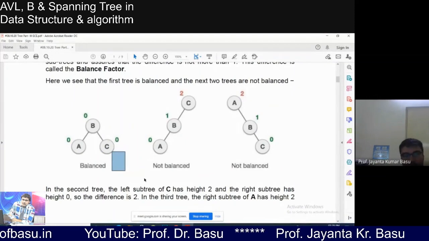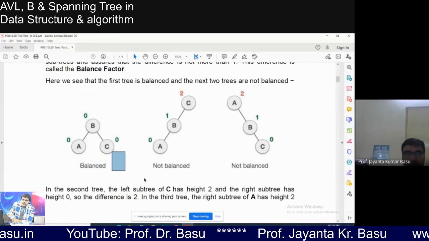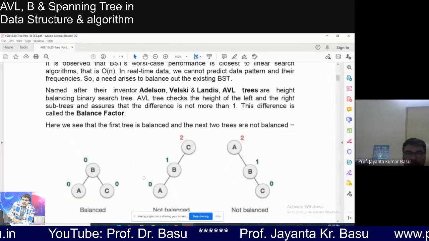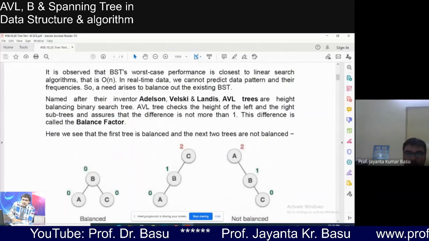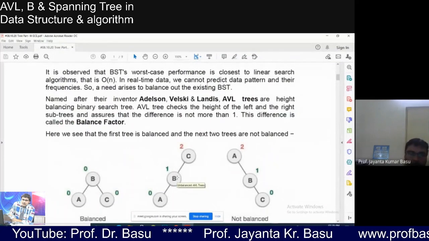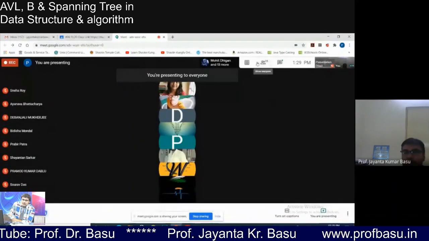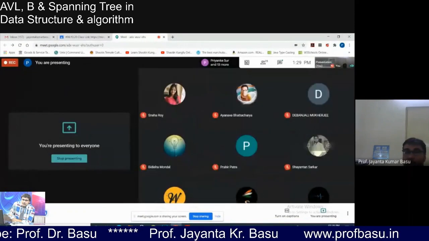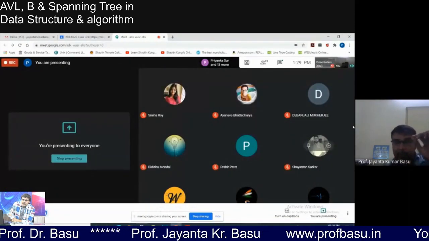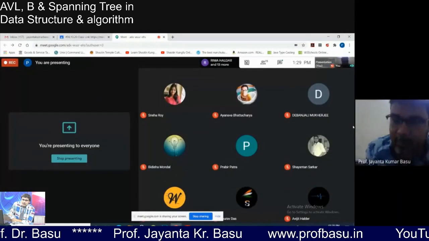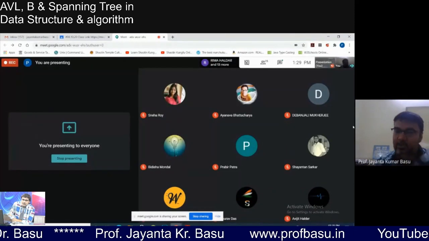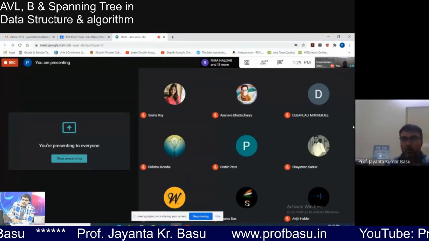But we still didn't discuss the kind of tree where at least one node has -1. I told that each and every node must have either -1, 0, or 1 as balance factor.